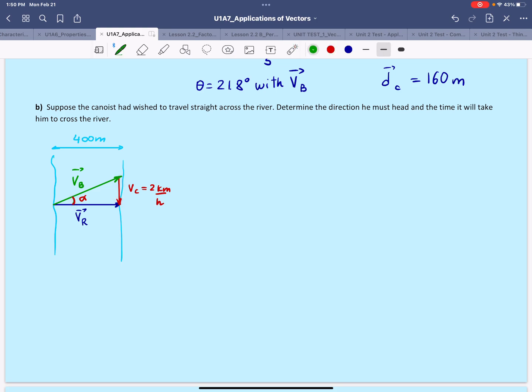And we also know the velocity of the canoe, which we have indicated by VB, and it's 5 kilometers an hour. That's the hypotenuse, and opposite and hypotenuse suggests that we use a sine ratio. So we'll say that sine alpha equals 2 over 5, which makes alpha inverse sine 2 over 5, and that would be equal to 23.6 degrees.